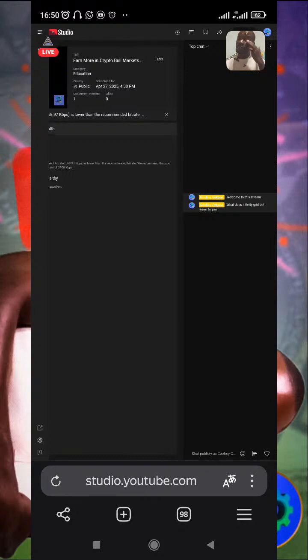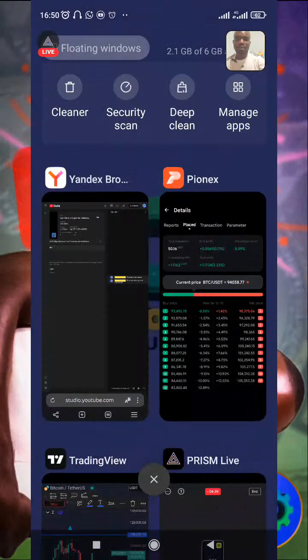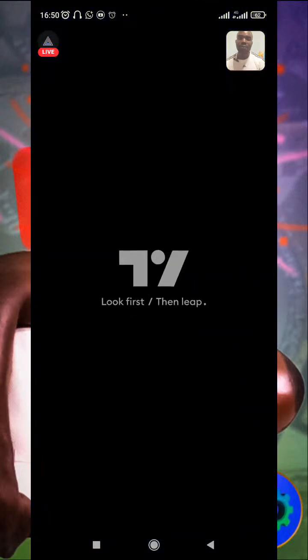So some of the common mistakes that you can make when running this infinity grid bot is to set it on a bearish market. We've said that this thing works best on an uptrend.